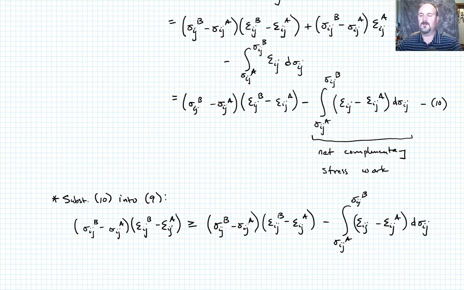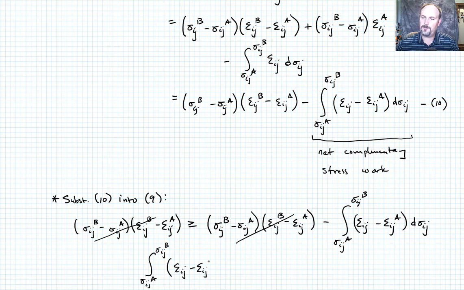Okay? So what can we do here? Well, obviously this and this are equal, right? This left-hand side is equal to this term. So those actually will cancel. And I'm left with 0 is greater than or equal to the negative value of this, or I'm left with the integral from sigma ij a to sigma ij b of the quantity epsilon ij minus epsilon ij a times d sigma ij is greater than or equal to 0.